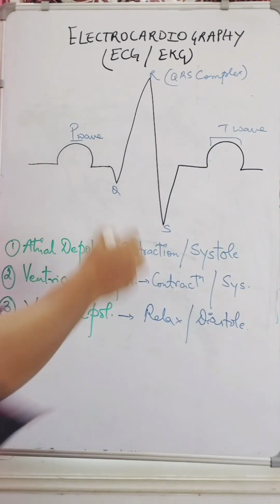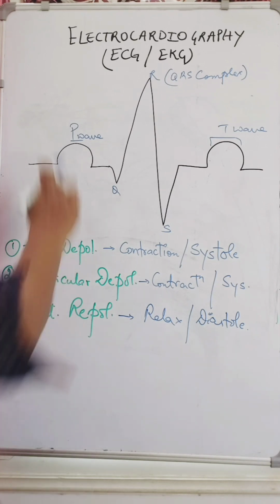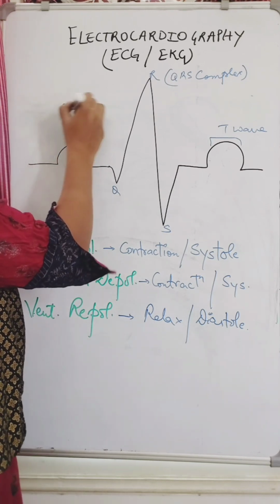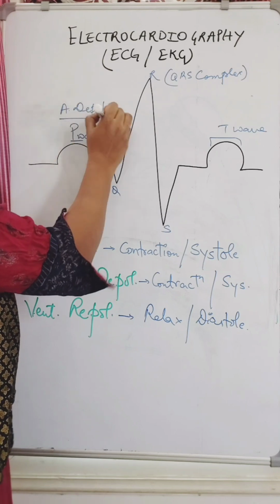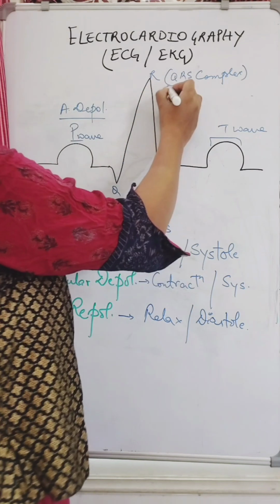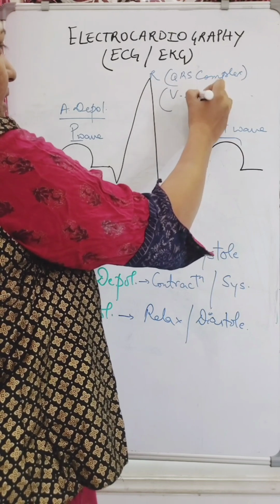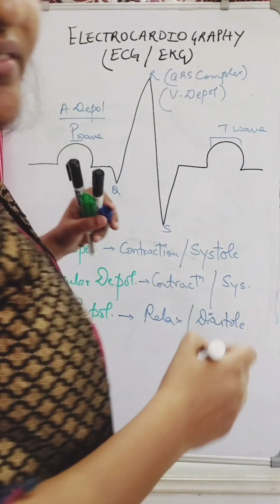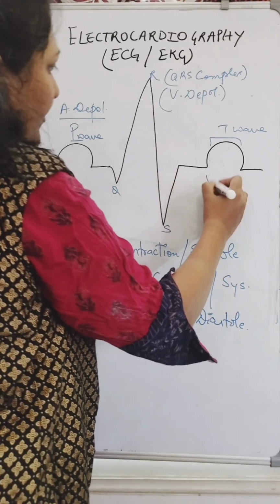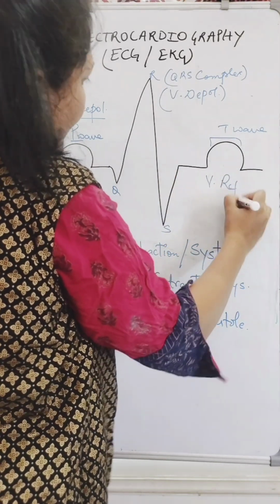So if I have to correspond here, the P wave means atrial depolarization, the QRS means ventricular depolarization, and the T wave means ventricular repolarization.